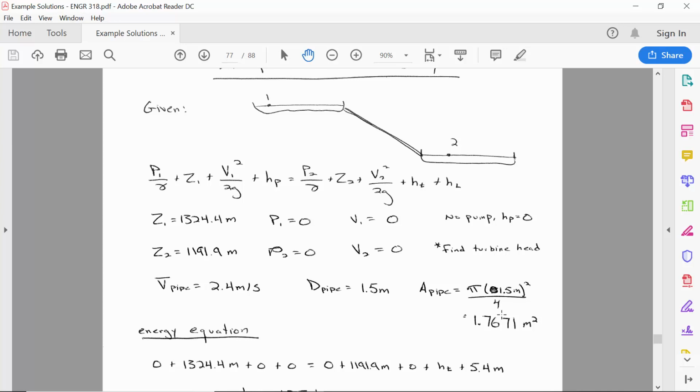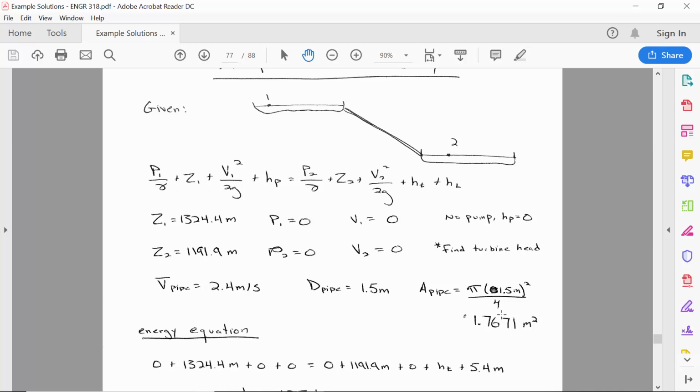Okay, now the power equation, P is the unit weight times Q times H sub T. We have to know the flow rate to be able to put it into the power equation. Previously given in the problem statement is both the diameter of the pipe and the flow velocity. If the diameter is 1.5 meters, then the cross-sectional area is pi d squared divided by 4.